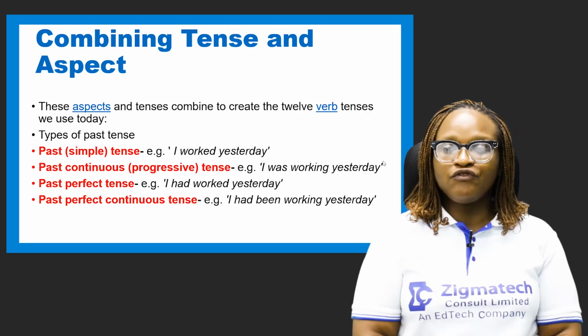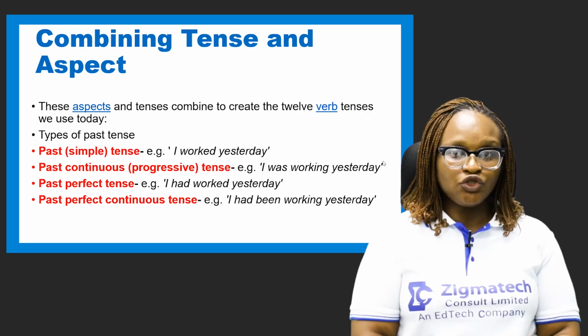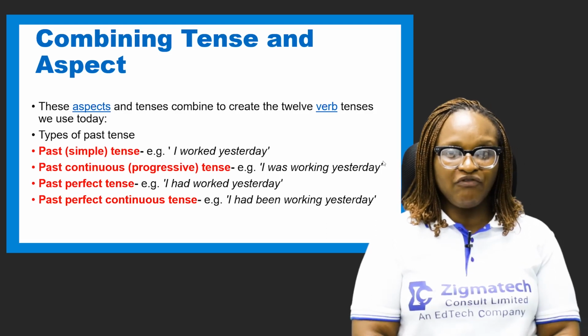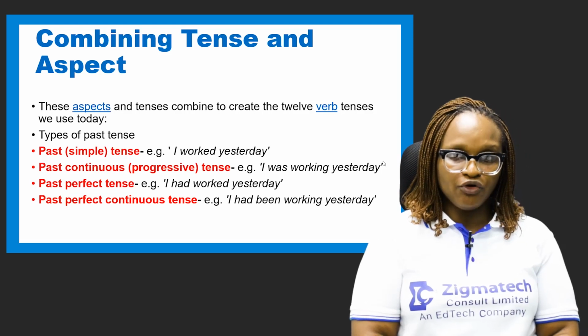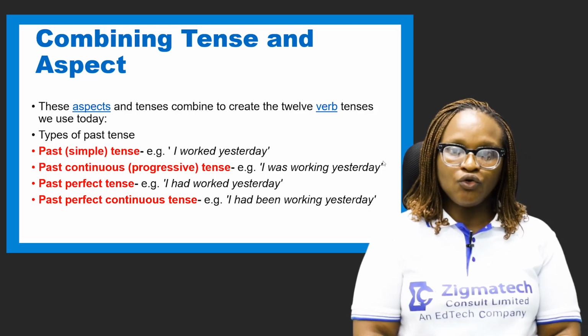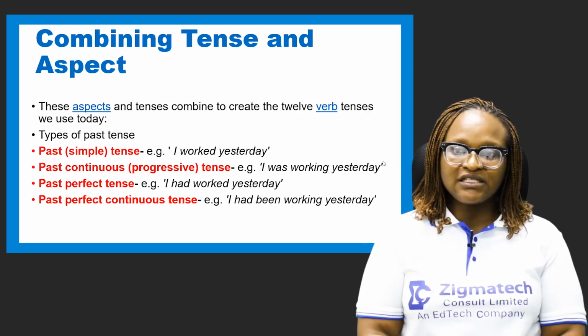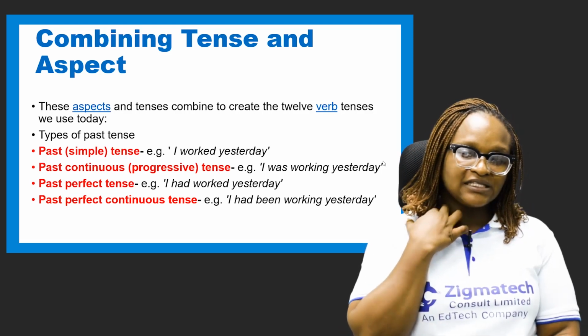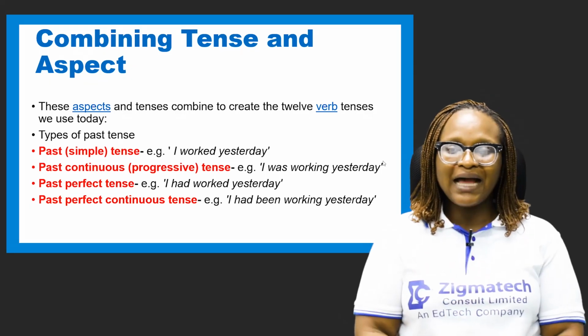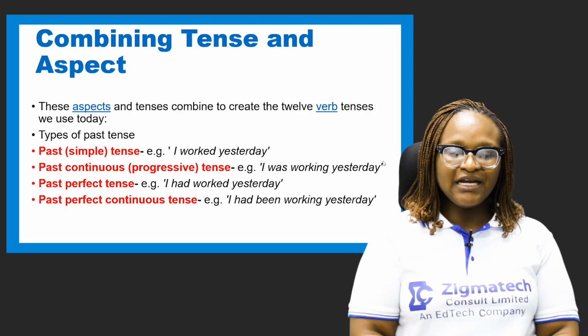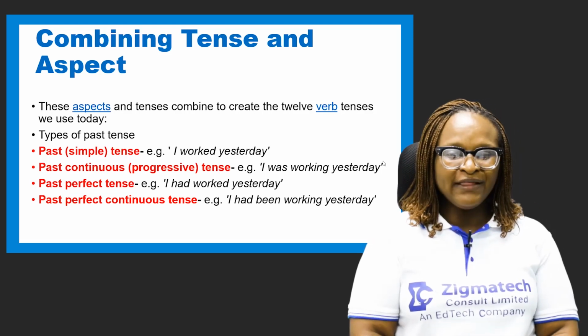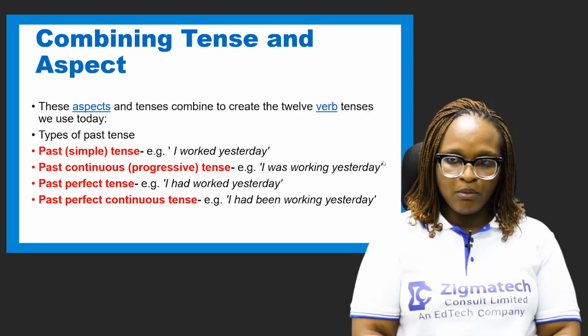Whenever you have your ing type of verb with your helping verb, be it the singular helping verb or the past helping verb, you have your continuous or progressive tense. Now the past perfect tense has the verb form had with an ed type of verb, either the regular ed or the irregular verb form.